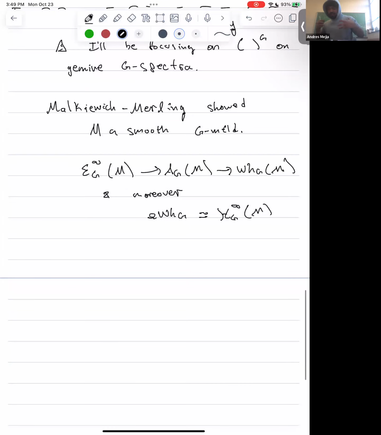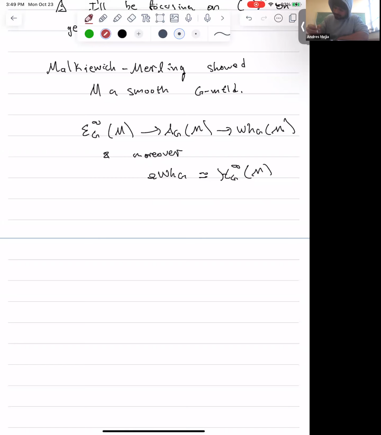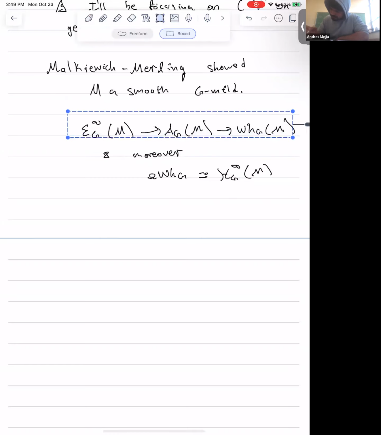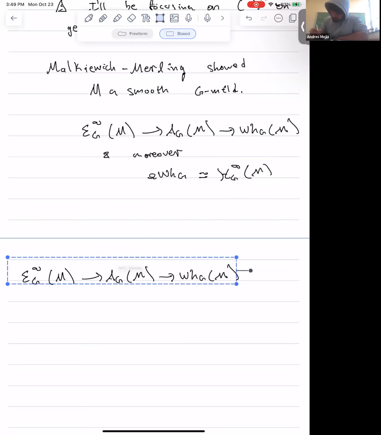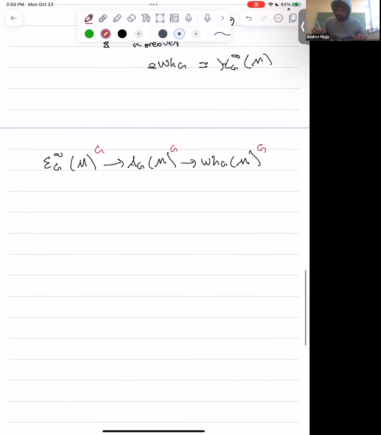Let me just mention, this is basically the reason that equivariant A theory was constructed in the way that it was, and it's due to a fact of stable equivariant homotopy theory: when you take this whole sequence and append G fixed points everywhere, then Tom Dieck showed, classically, that this thing splits into something maybe confusing at first sight, but hopefully I can say more about it.